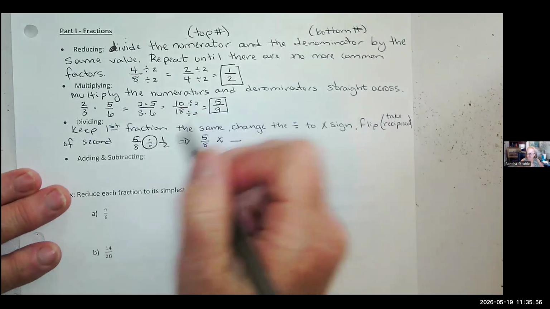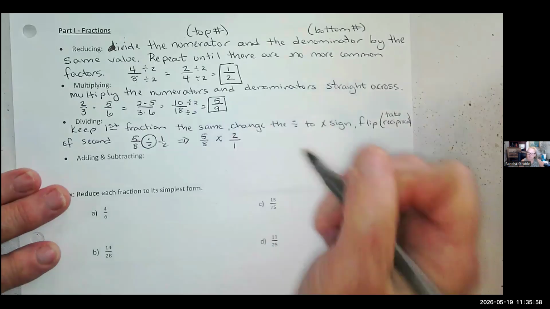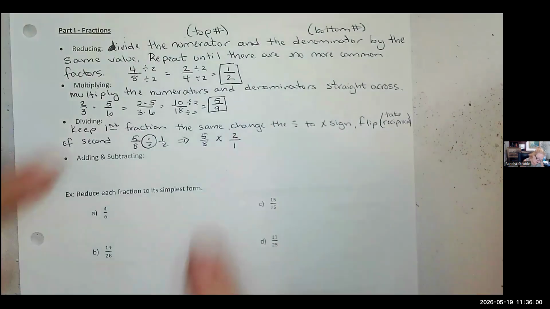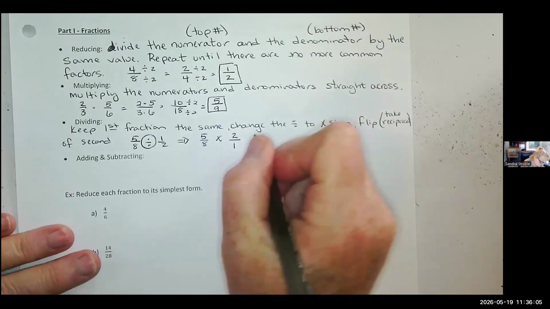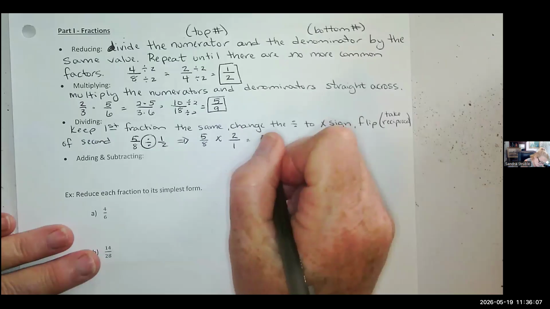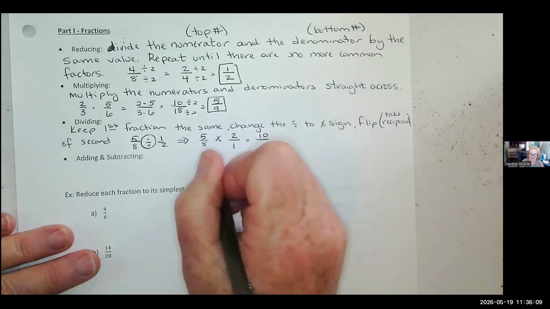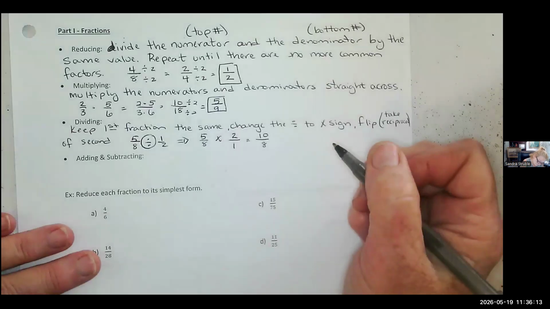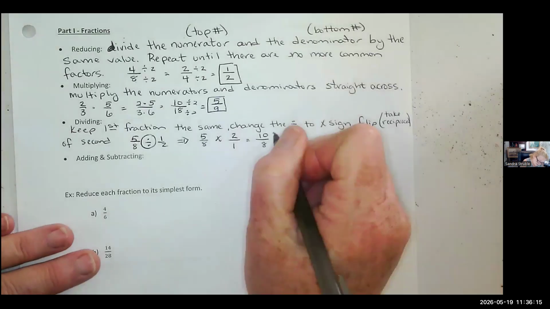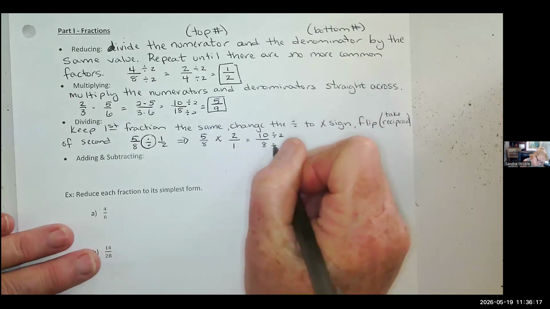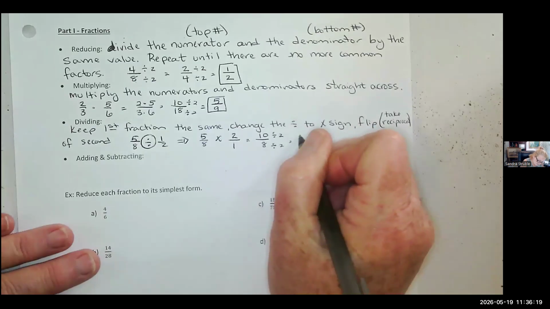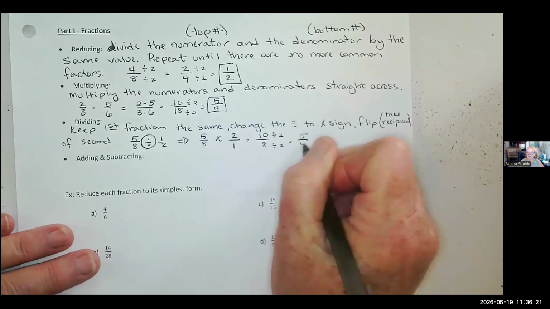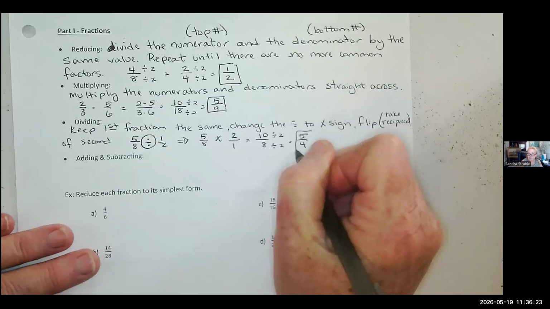Now you are going to go back up and do the multiplying of the fractions. 5 times 2 is 10. 8 times 1 is 8. These are both even. We can reduce them by 2. So divide both by 2. 10 divided by 2 is 5. 8 divided by 2 is 4. No mixed numbers. We're not going to do mixed numbers.